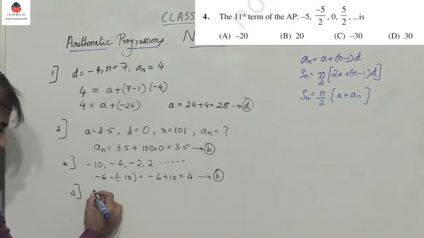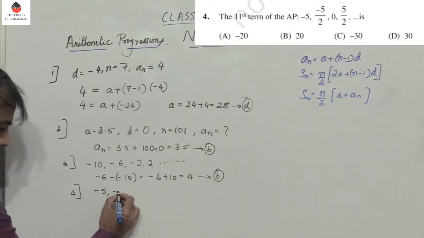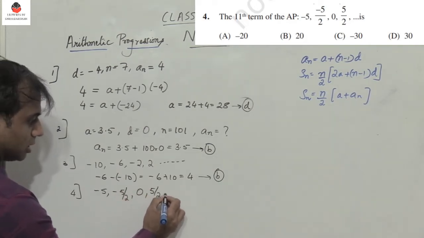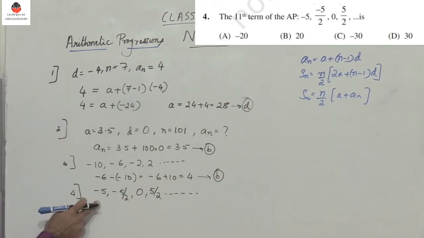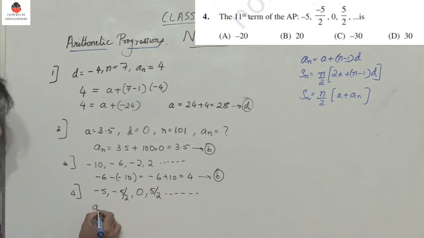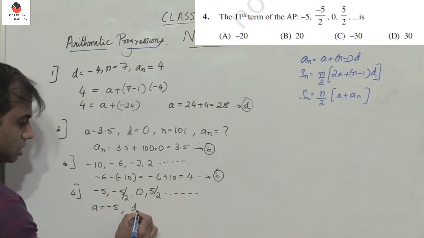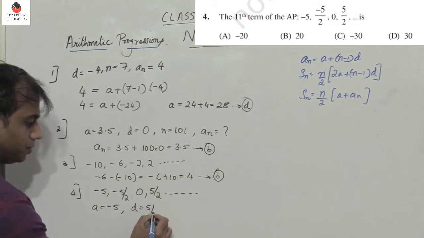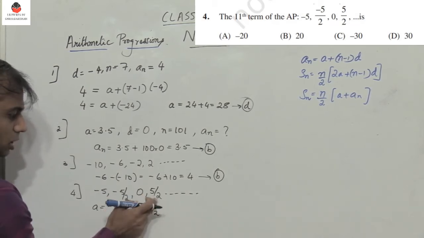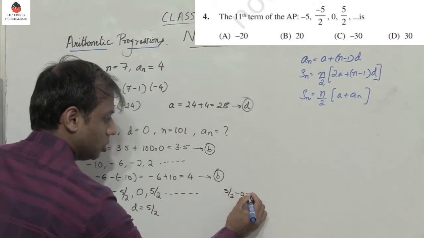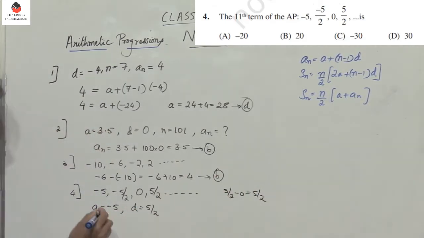The 11th term of an arithmetic progression minus 5 by 2, 0, 5 by 2 is. So here observe a is minus 5 by 2 and d happens to be 5 by 2, right? So here the 3rd term minus the 2nd term, which is 5 by 2 minus 0, gives me 5 by 2, and I need the 11th term.